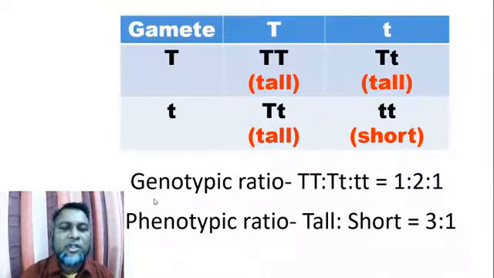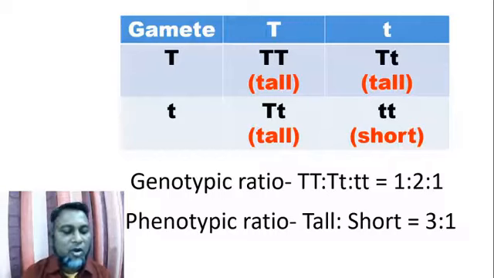Now we find from this checkerboard the genotypic ratio: capital T capital T to capital T small t to small t small t equals 1 to 2 to 1. The phenotypic ratio, tall to short, equals 3 to 1.